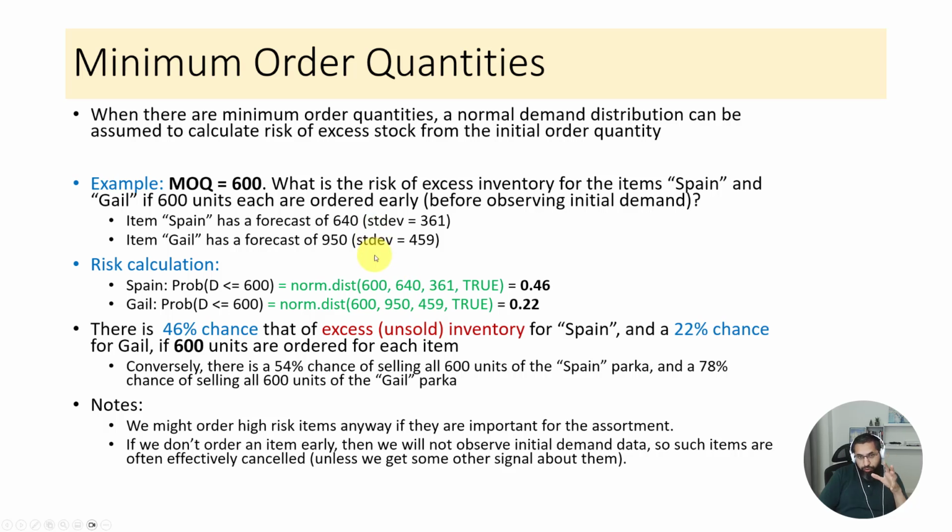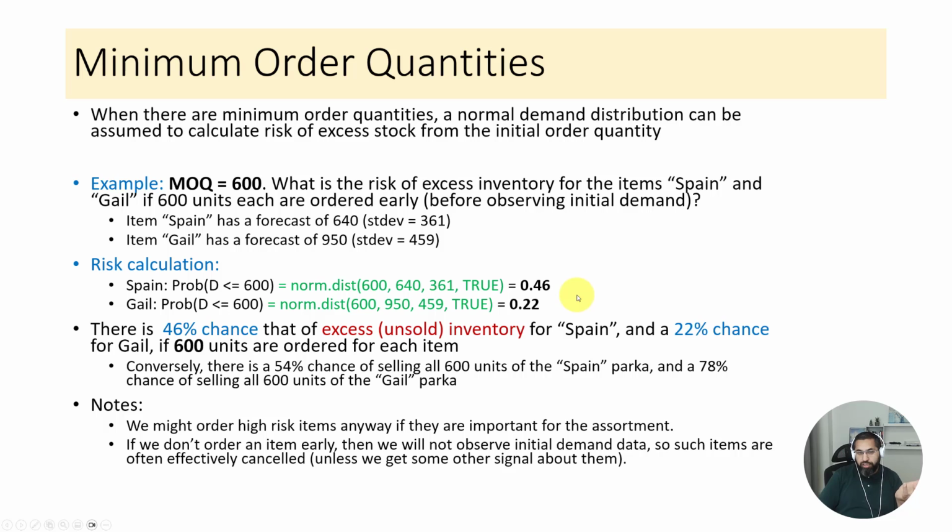By looking at this risk and comparing it given the MOQ quantity, you can figure out whether you want to produce the initial order, because you can't produce less than 600. You have to go for 0 or 600. If the risk is worth taking, then you'll go for the MOQ quantity, like it is for Gale.